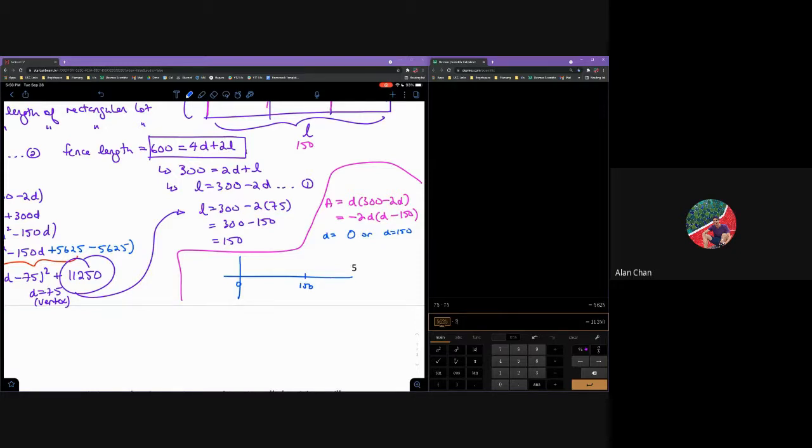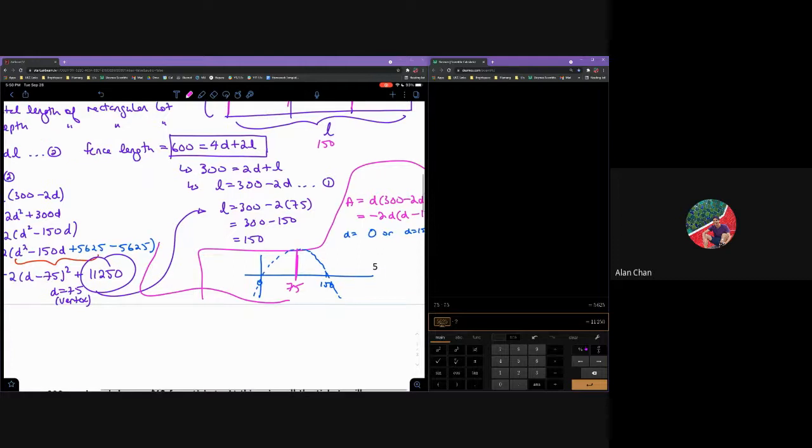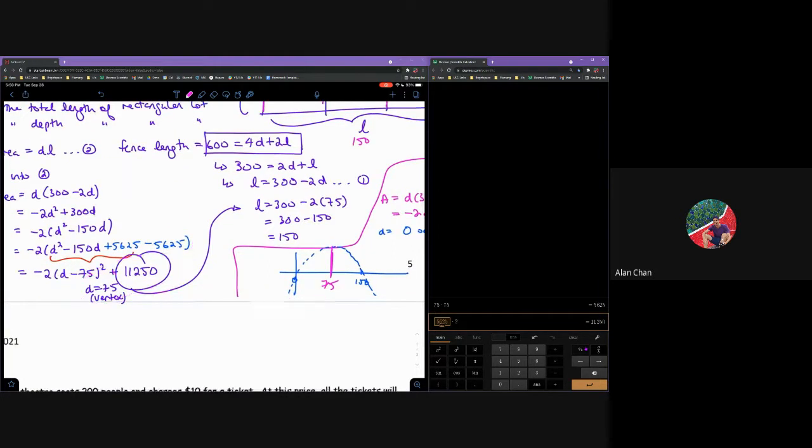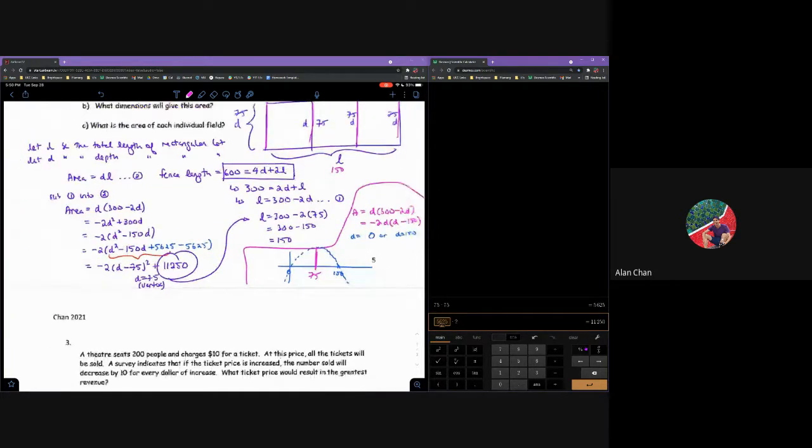Well, it's opening down, right? It's minus 2d squared, the minus is on the outside, so it's opening down. It is a maximum, of course, and it's going to look something like this. And of course, now we can confirm that the midpoint is indeed 75, which is our answer from here. Oh gosh, I hope that wasn't too confusing.